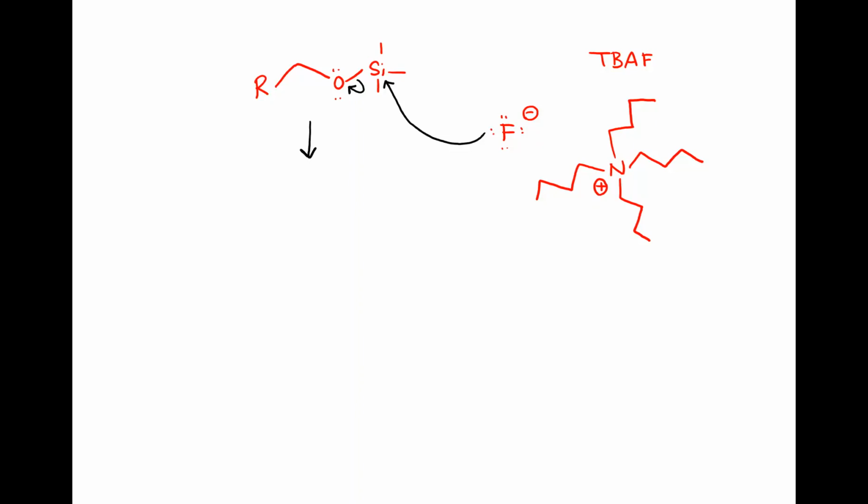And then there would need to be some kind of workup to protonate the resulting alkoxide. All right, so either a water or an acidic workup would convert the alkoxide back to the alcohol.